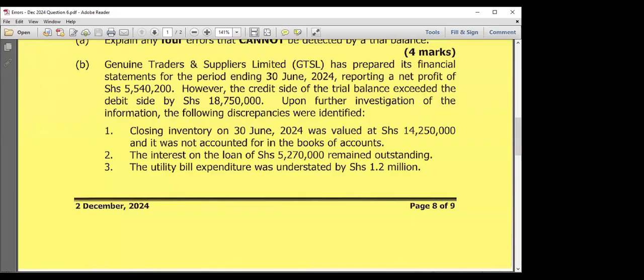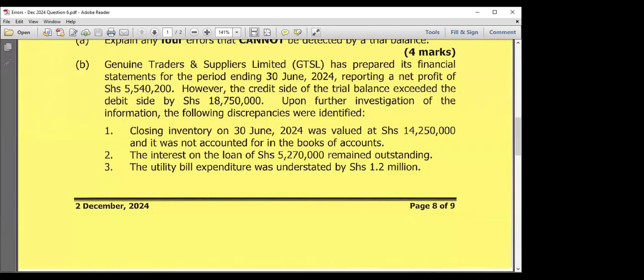So Genuine Traders and Suppliers Limited, GTSL, has prepared its financial statements for the period ending 30th June 2024, reporting a net profit of 5,540,200. For the net profit, you don't need it for your journal entries to correct the errors and your suspense account. It will be in the statement where we correct the profit.